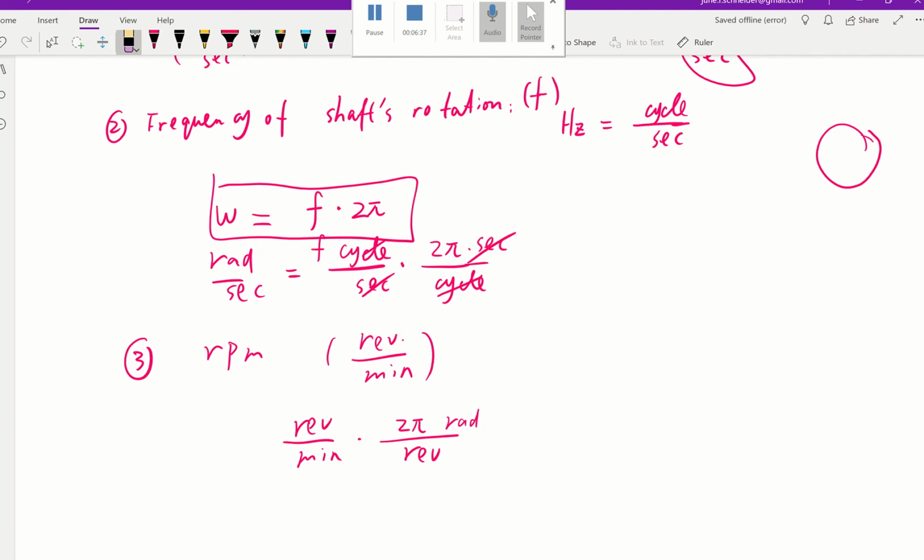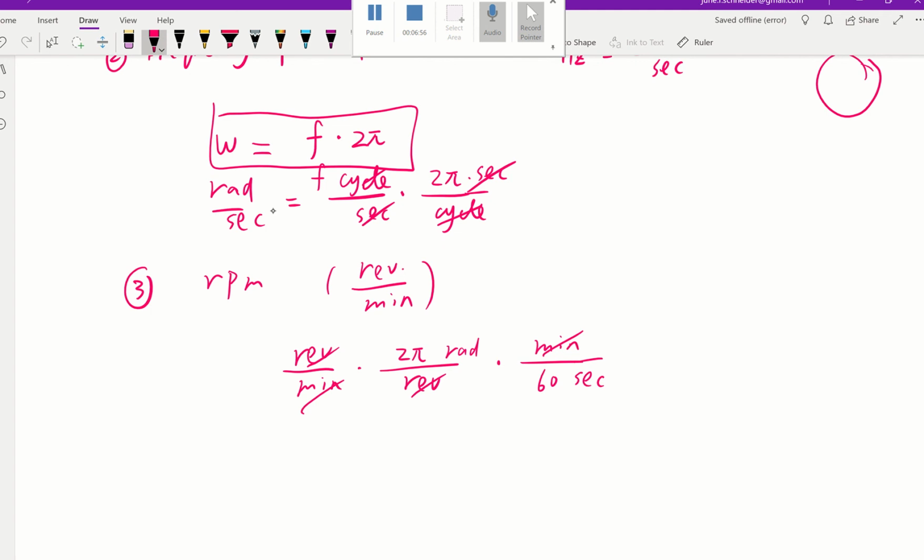And then we can change minutes to seconds. 1 minute is 60 seconds. In that situation, you change your RPM to radians per second. So the conversion is RPM times 2 pi over 60.